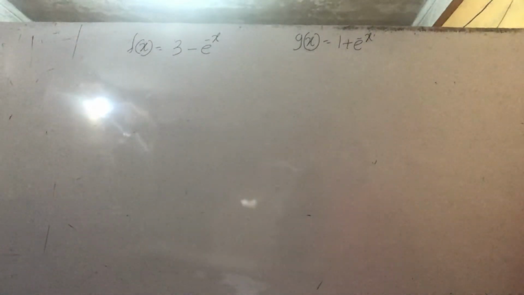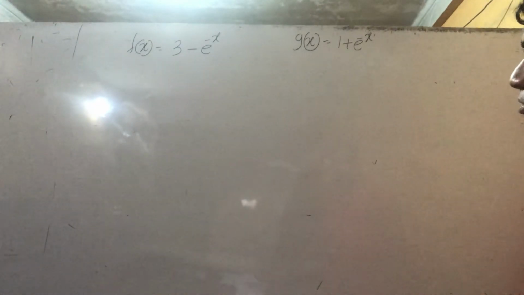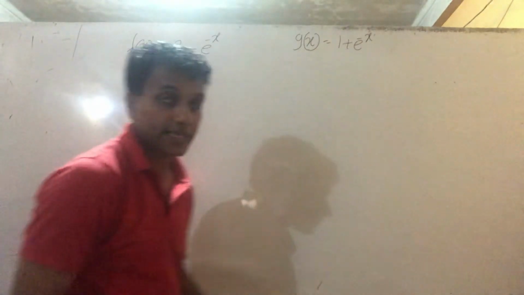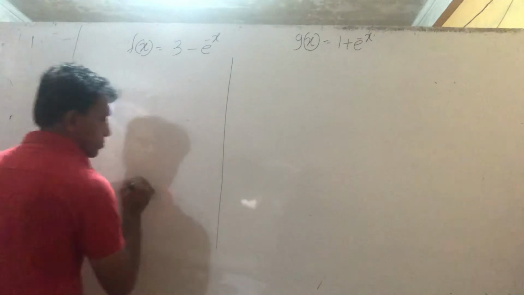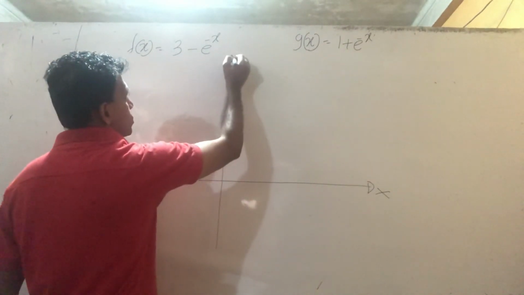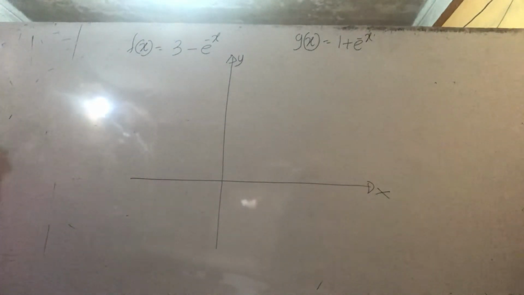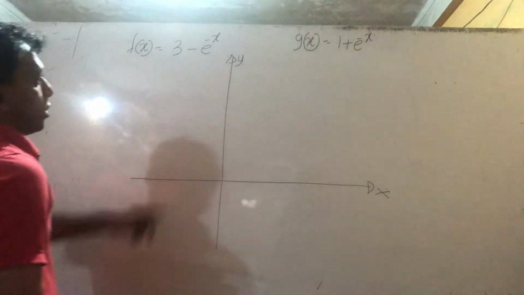Okay, now we can plot both diagrams on one sketch. Both marked in one sketch. Especially we need the coordinates of the intersection. How is the f of x graph?